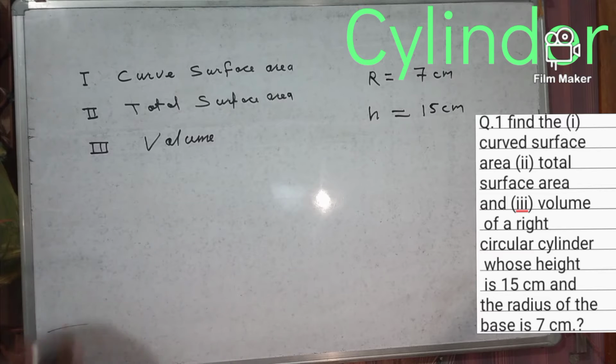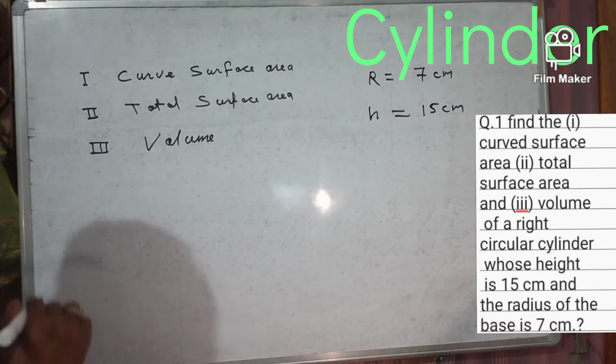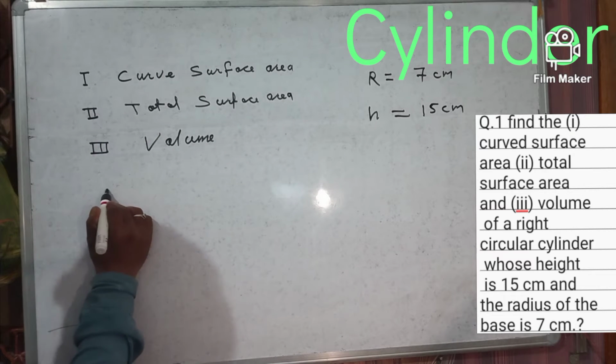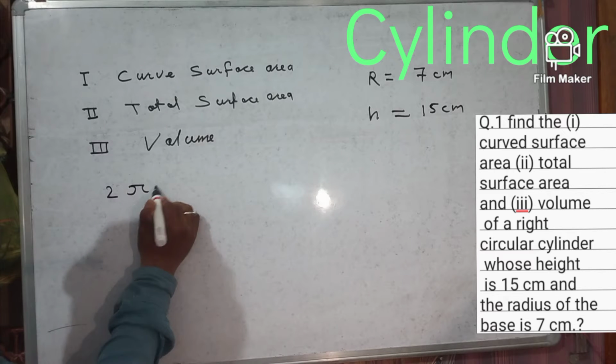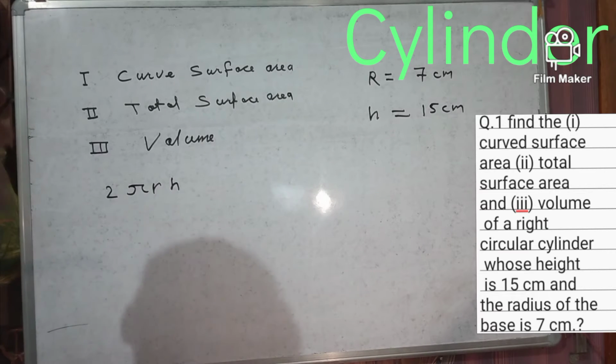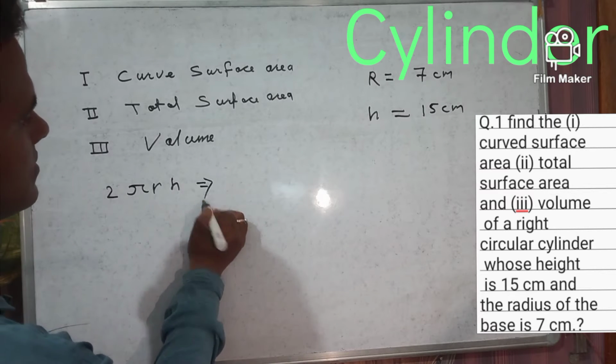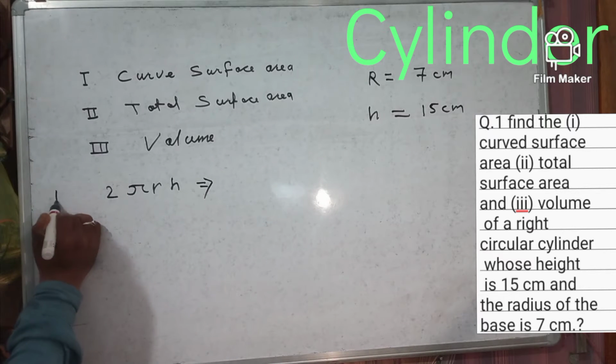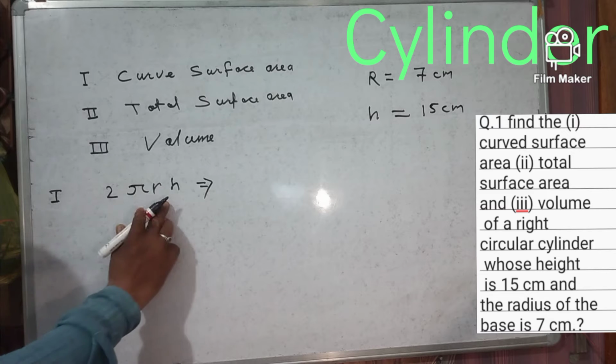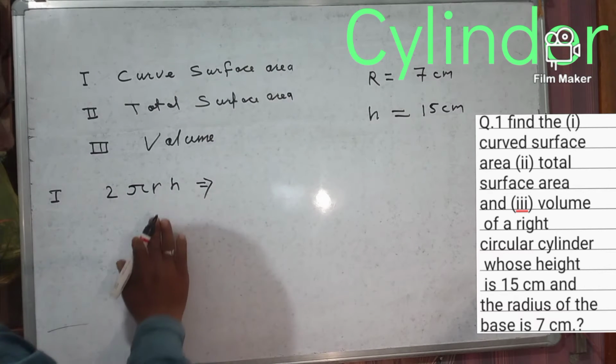So now see here, curved surface area formula is 2 pi r h. 2 pi r h curved surface area formula, right?